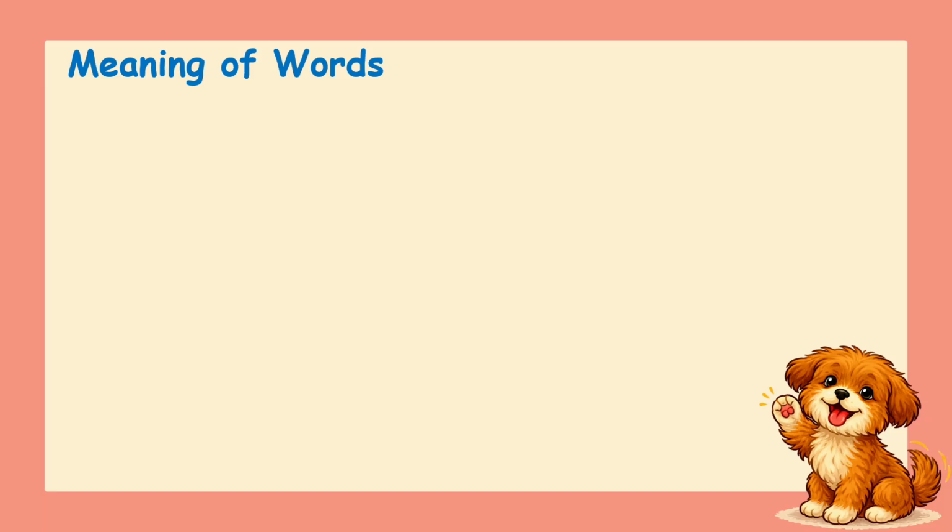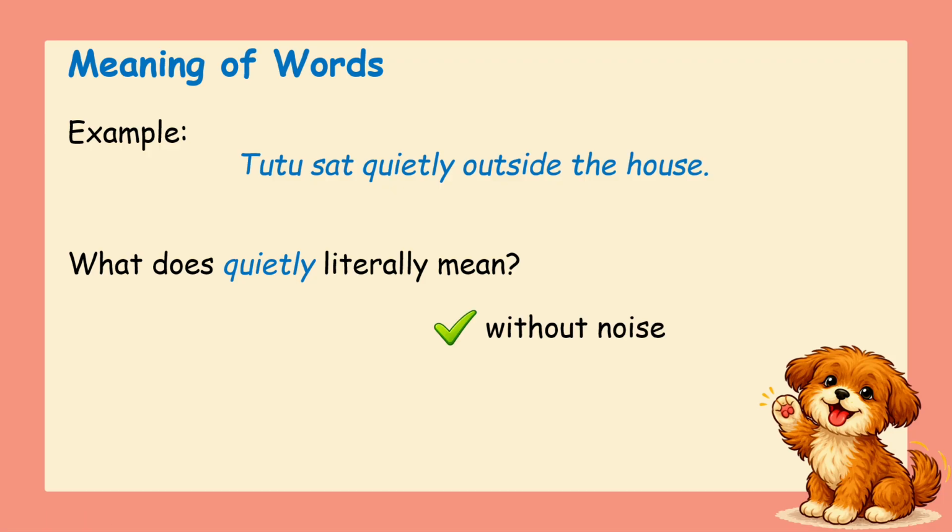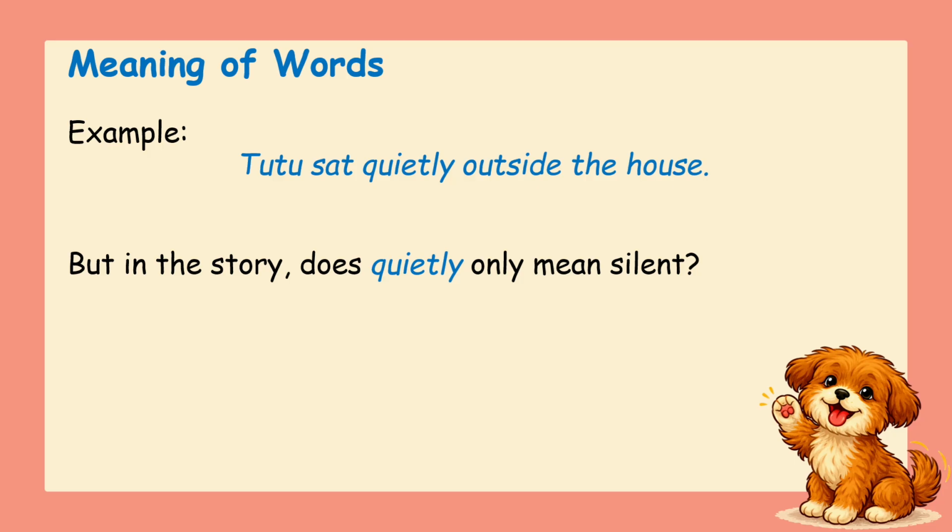First, let us focus again on the meaning of words in the story. Here is another example. Tutu sat quietly outside the house. What does quietly literally mean? Without noise and silent. But in the story, does quietly only mean silent?